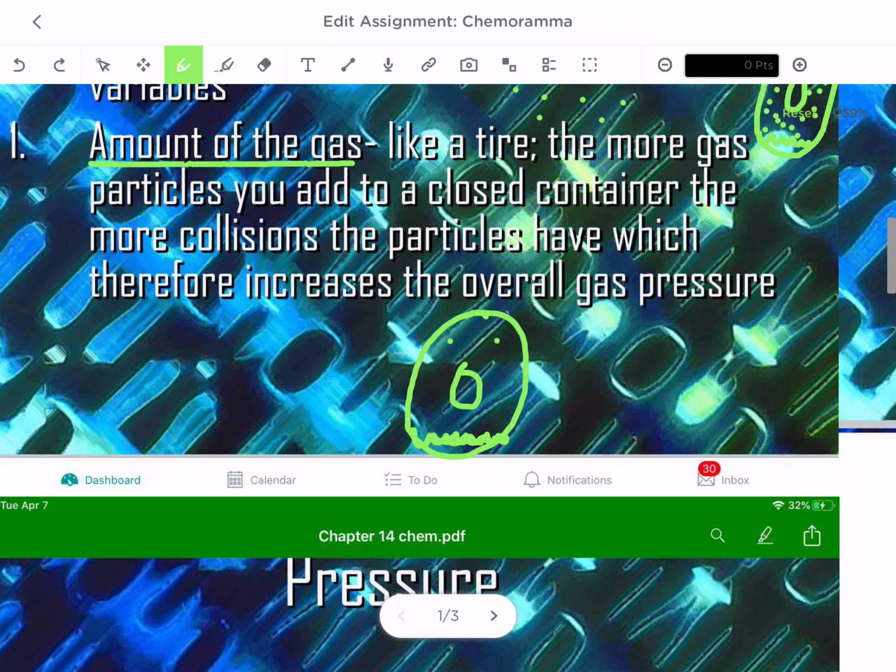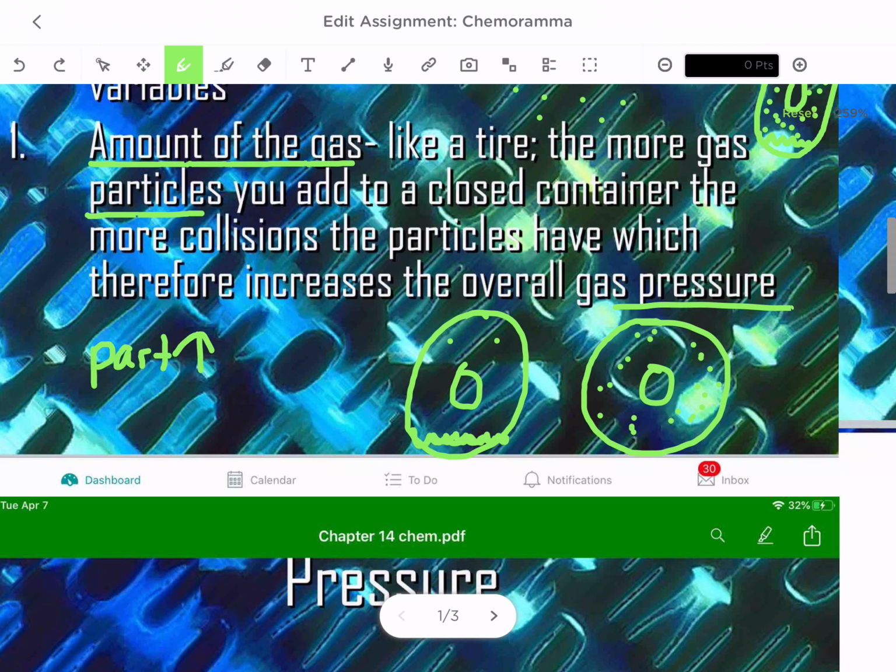But if I put a whole bunch more air particles in the tire, then it pushes because it increases the pressure. So the more particles you have, the more pressure you have. That's what that says. So more particles equals more pressure if you're talking about a gas.